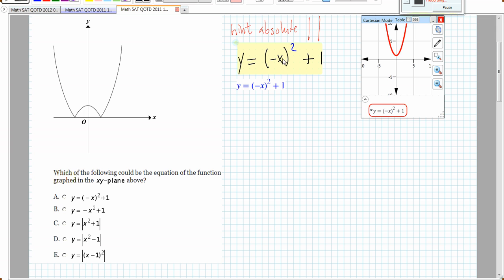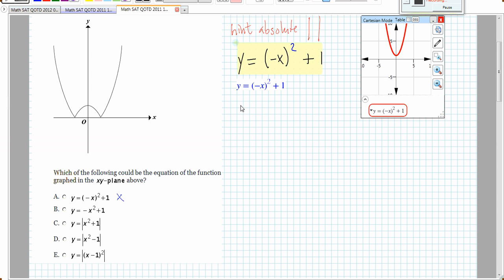The curve of that is symmetrical about the line x equals 0, because if x is negative, it's the same as x equals positive. You can take the negative sign, but once you square it, you basically get a square. And then plus 1 basically moves the graph upward. So it's not that one. We just checked that one.